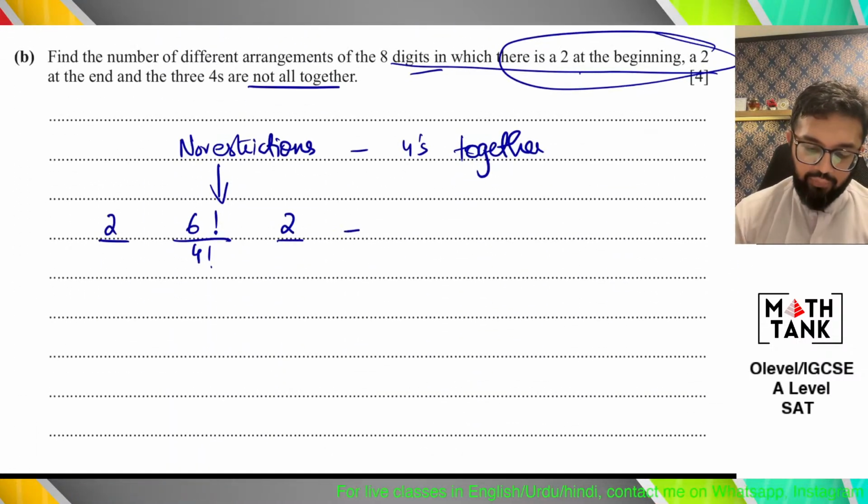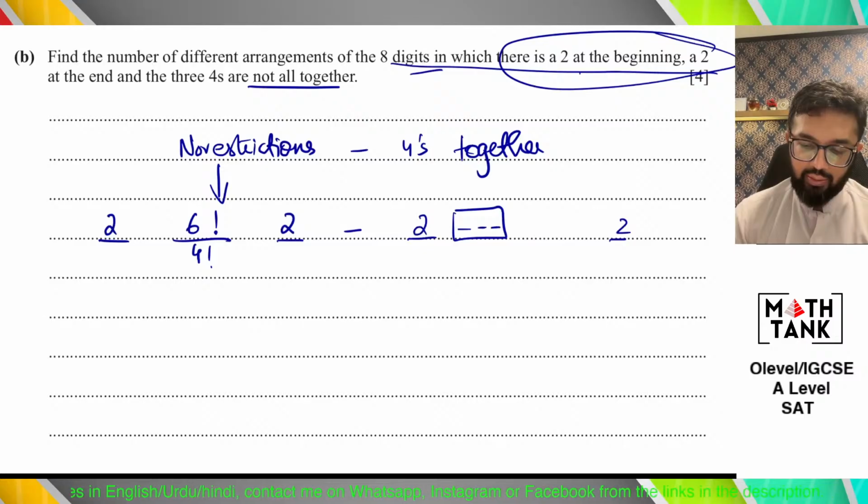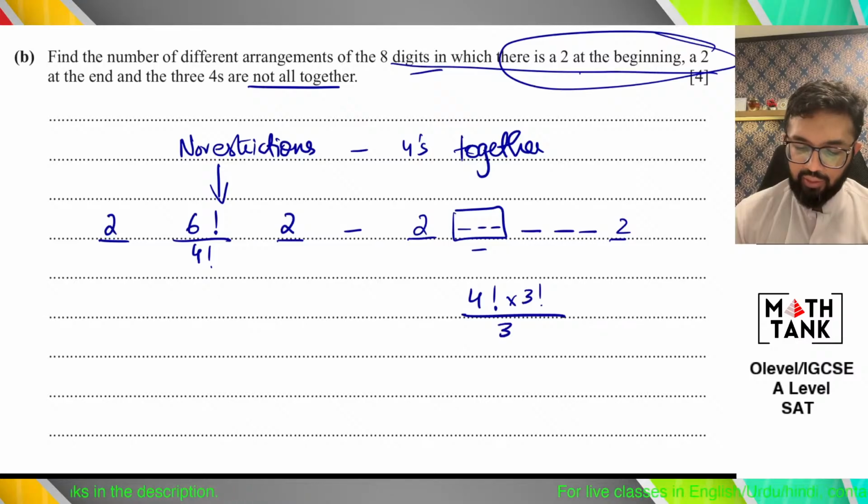And then if you keep the fours together, there's going to be a two at the start, two at the end. The fours are in a box, and there are three others outside. So that's going to be 4 factorial into 3 factorial divided by 3 factorial.